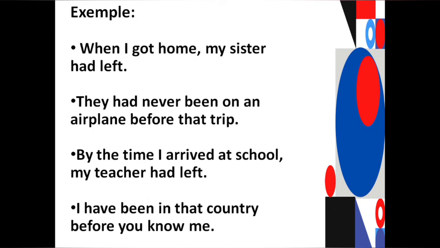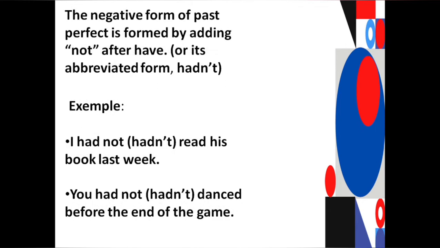This one here is the affirmative form. I'm affirming. It's clear, it's positive that these things happen in the recent past. Now let's see the negative form. I had not read his book last week. So it was last week. We already have a past, and I had not read his book.